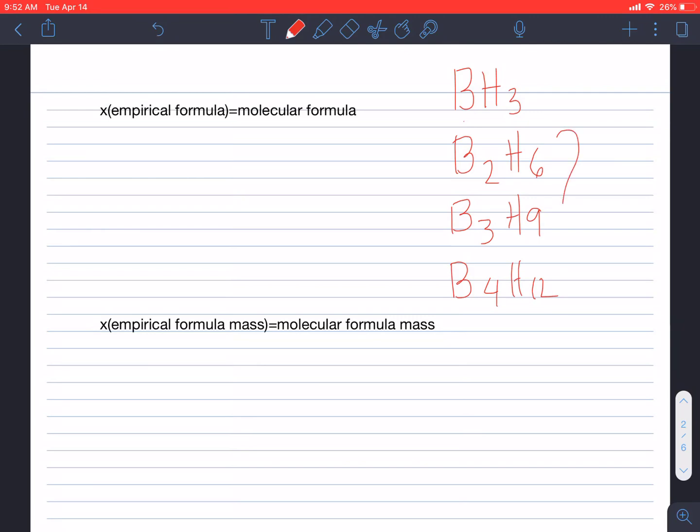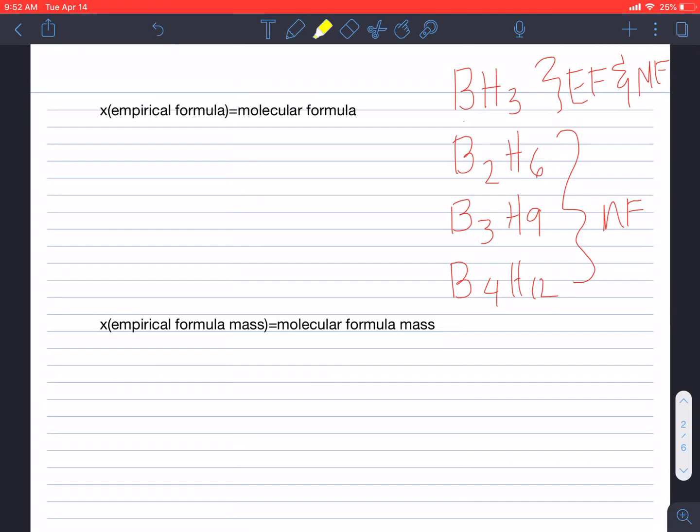These would be considered molecular formulas, because these are not the lowest ratio possible. BH3 would be the empirical formula of all of these. In addition, BH3 could also be a molecular formula. Obviously, the multiple here would be 1, multiple 2, multiple 3, and multiple 4.